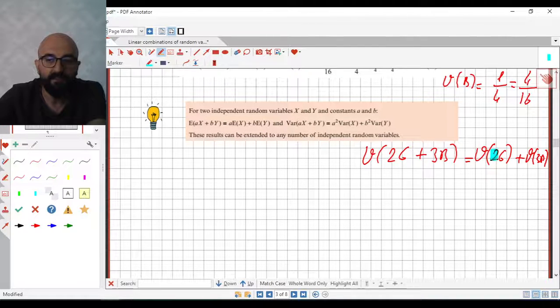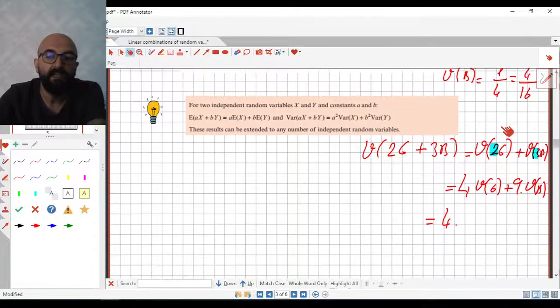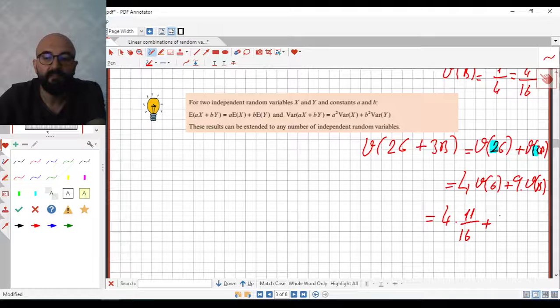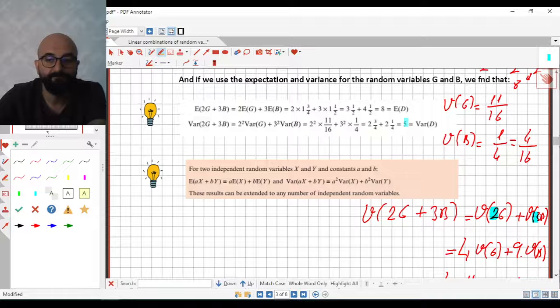Please remember that doubling G and tripling B affect the variance: it means 2 squared times the variance of G, and 3 squared times the variance of B. So 4 times 11/16 plus 9 times 4/16, which is 44 plus 36 over 16, so 80/16, which is 5. So this section is 5.